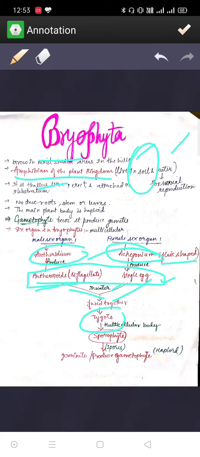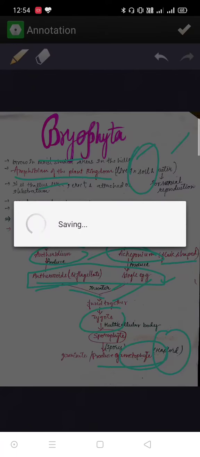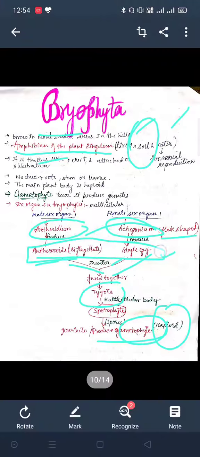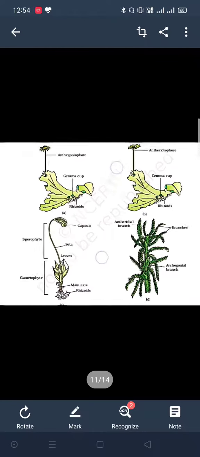The zygote, before dividing, develops into the sporophyte, which is a multicellular body, and the sporophyte produces spores, which further germinate into the gametophyte, which is haploid, and further processes take place after that.